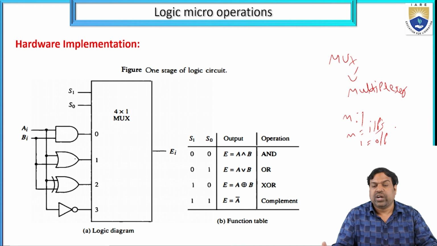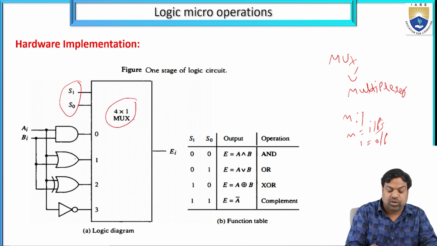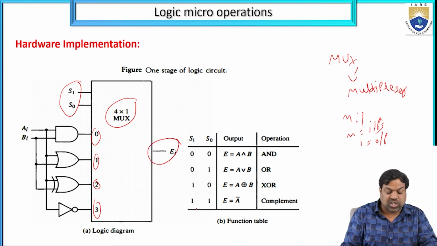Any number of inputs you can take, only one output will be obtained. That is n inputs and only one output. That is a multiplexer. S0 and S1 are the two select switches. So a 4:1 multiplexer means 4 input lines and only one output. So what are the logic gates I am using here?